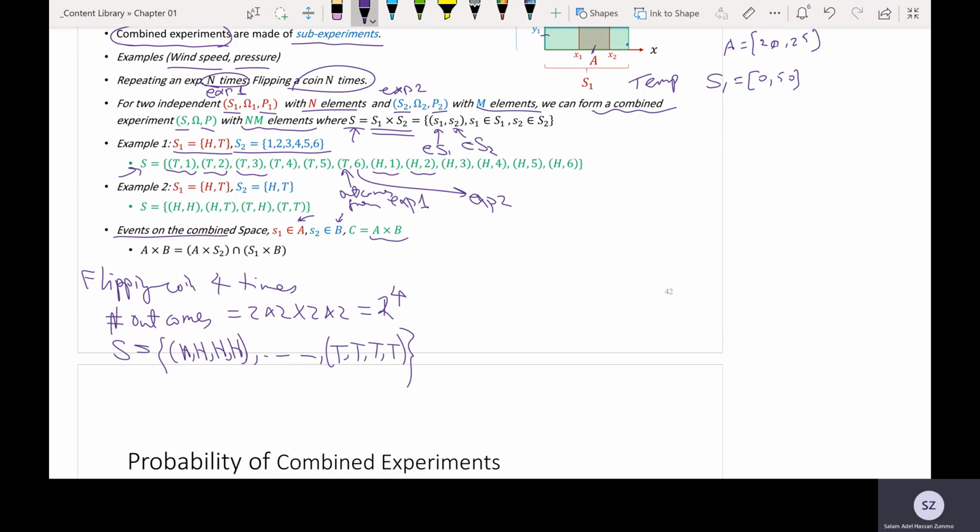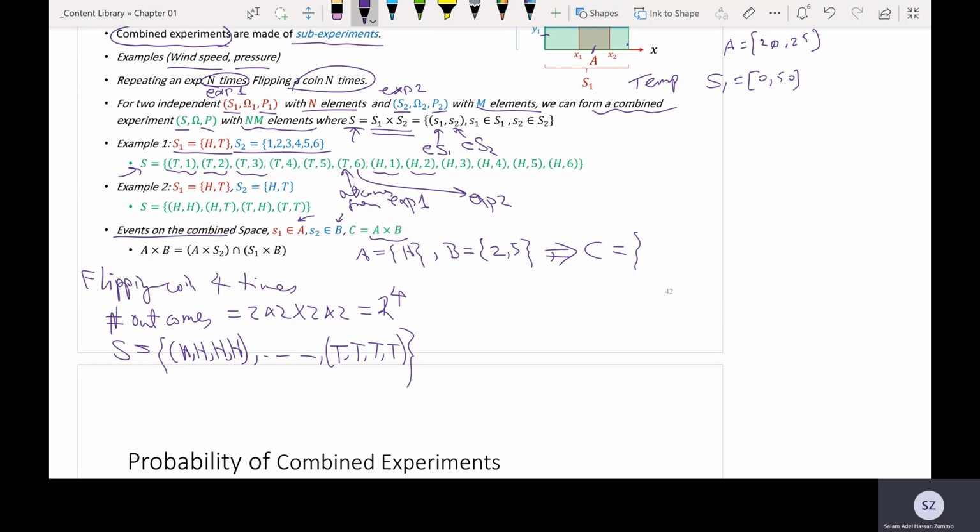For example, here let's say A is head, and B is 2 and 5. So what is C? Write C down. Just think about it.